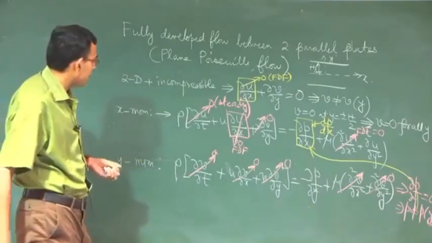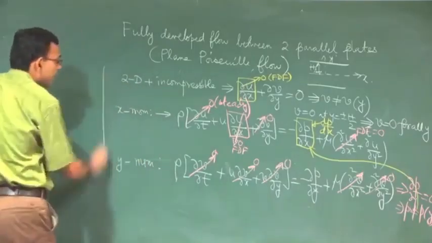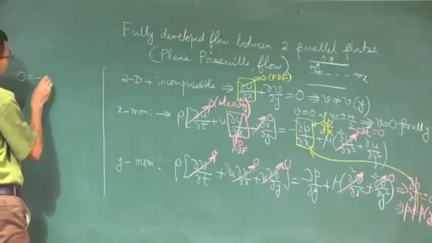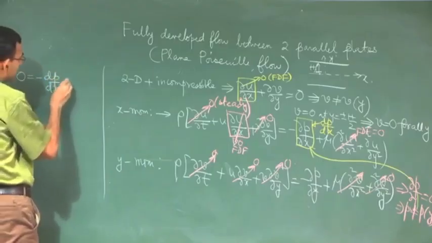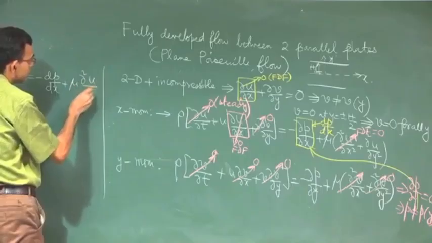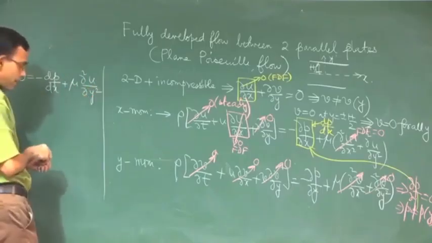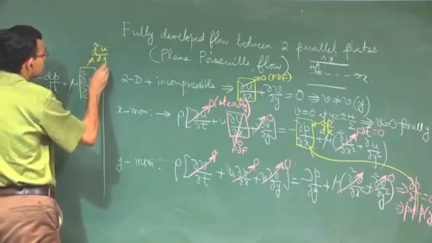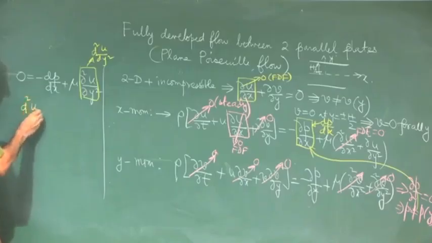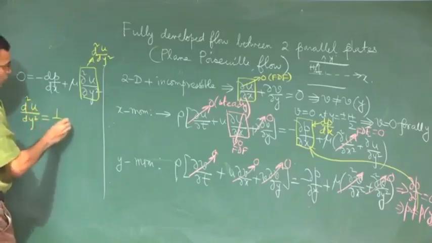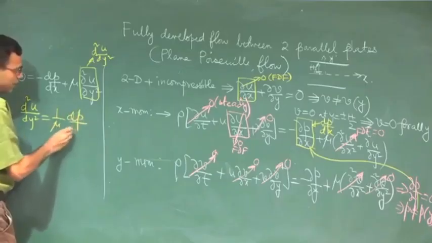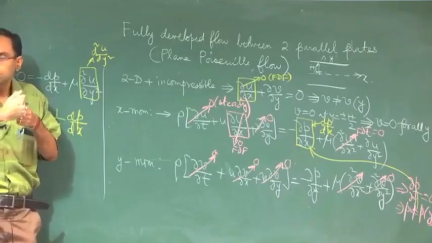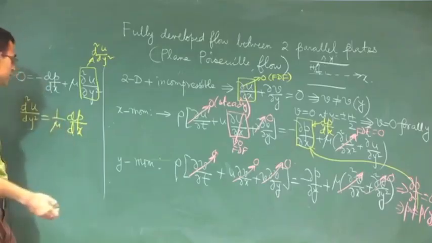So, what we are left with is the simple x momentum equation, that 0 is equal to minus dp dx plus mu d2u dy2, and u is also a function of y only. So you will have d2u dy2 is equal to 1 by mu dp dx. Physically, what it means is that the pressure force due to the pressure gradient is balanced exactly by the force due to viscous effect, and that is how the fluid is not accelerating.